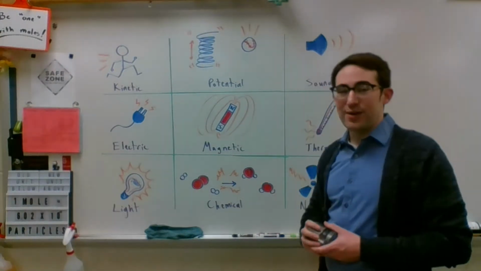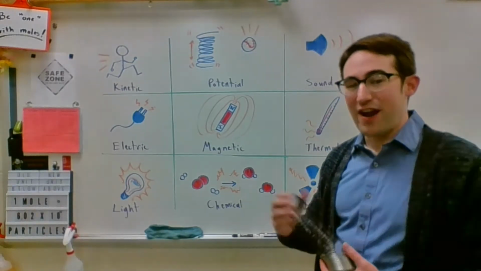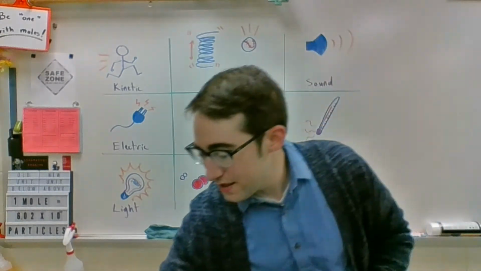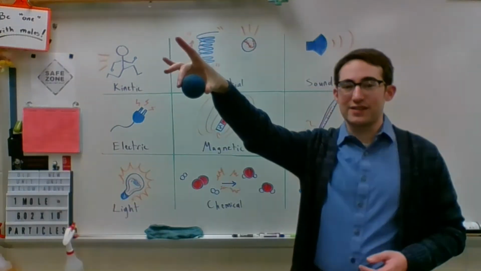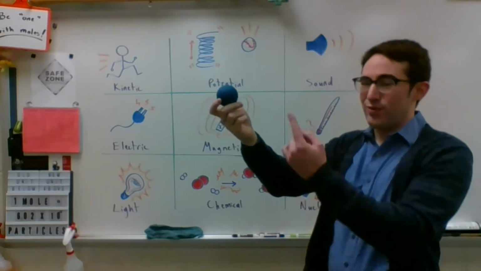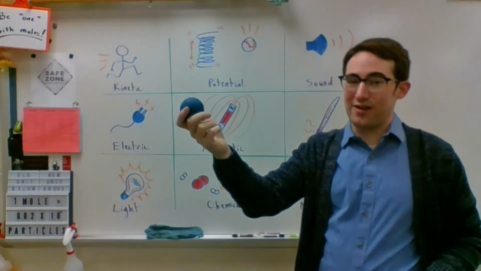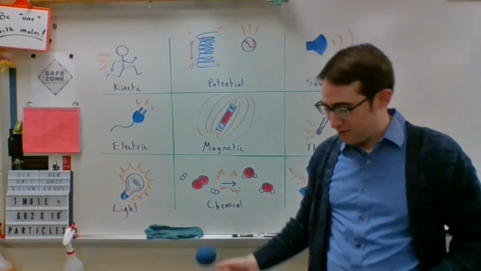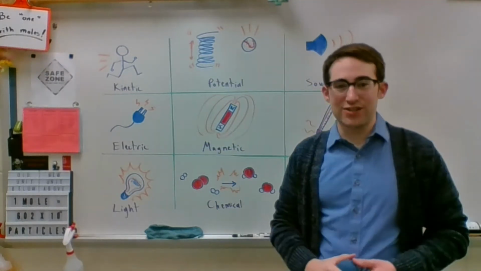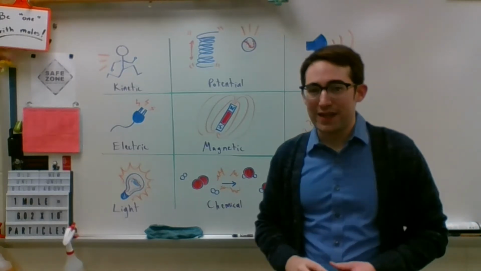The other kind of potential energy we see often in science is gravitational potential energy. Anytime you hold something out like this and get ready to let it go, it has gravitational potential energy pulling it down. It's the potential to drop. Now, if I release it, it will drop. And there's actually, in this case, some elastic potential energy too, but you'll miss it if you blink.